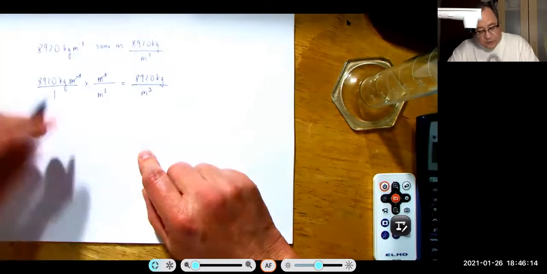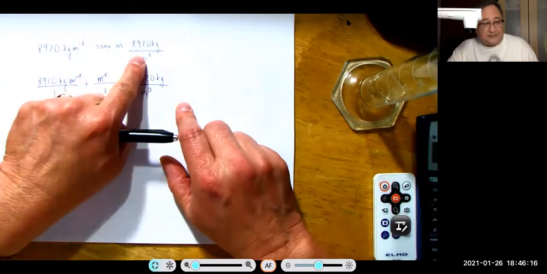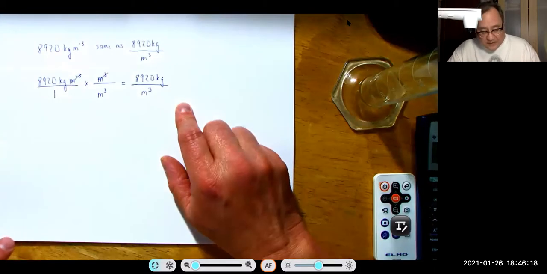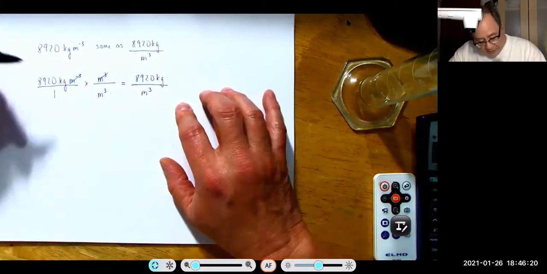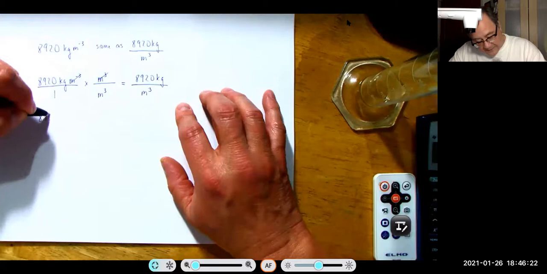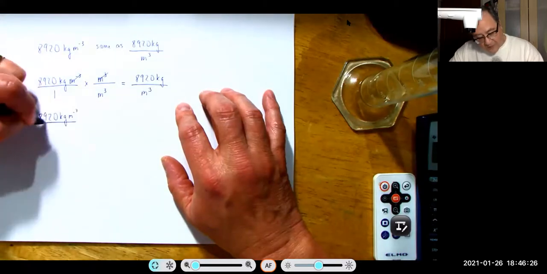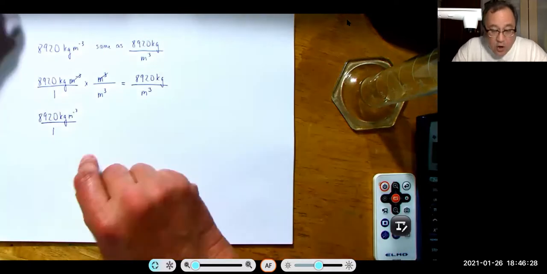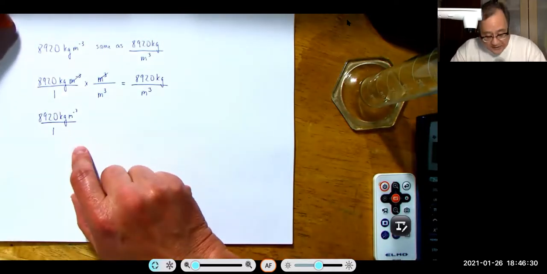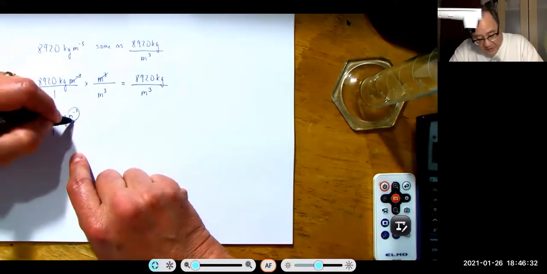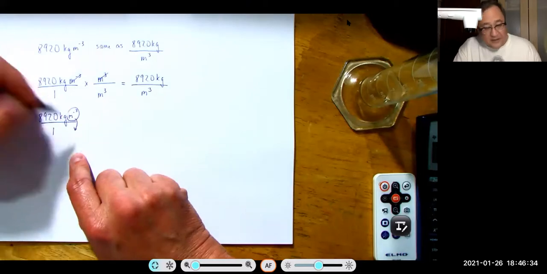So I've just proved to you that this is the same as this. And now that you know that, you can now use the trick. Since this is over 1, the trick is cross the line, change the sign. So I'm going to take this meter to the -3 and cross the line.